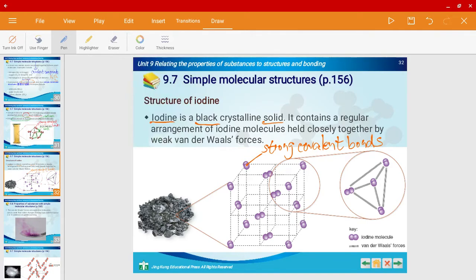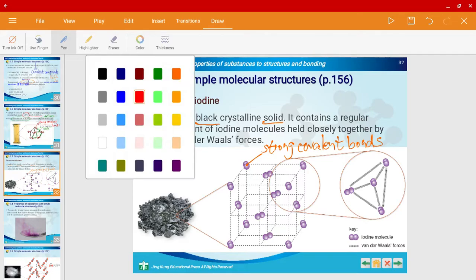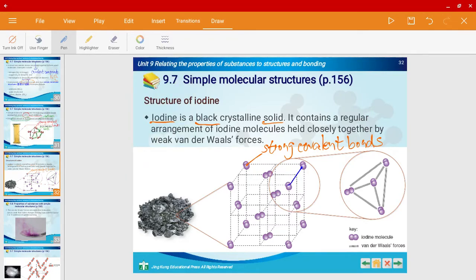However, among or between, let me use blue, among or between, the ones that are shaded over here on the right, these are what we call weak van der Waals forces.